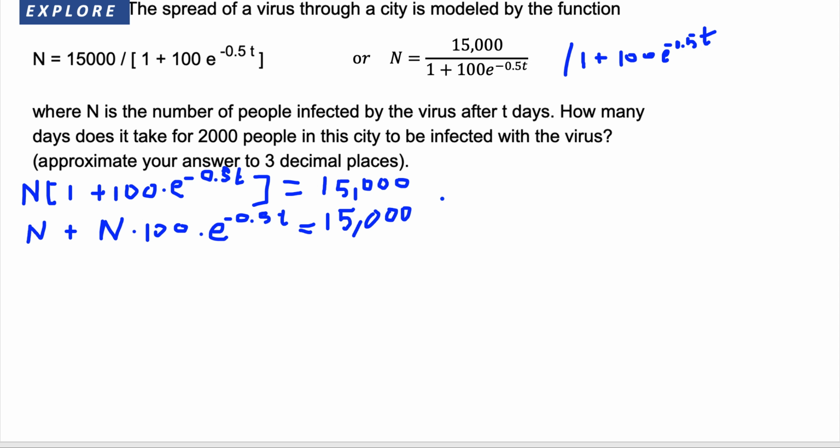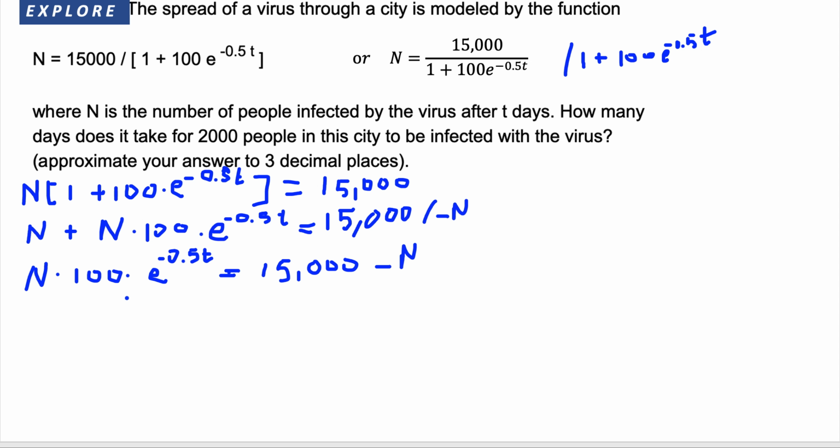And now we subtract N from both sides. N minus N is 0, so what remains on this side is N times 100 times e to the exponent minus 0.5t, and on the other side 15,000 minus N. And now we divide everything by N times 100.